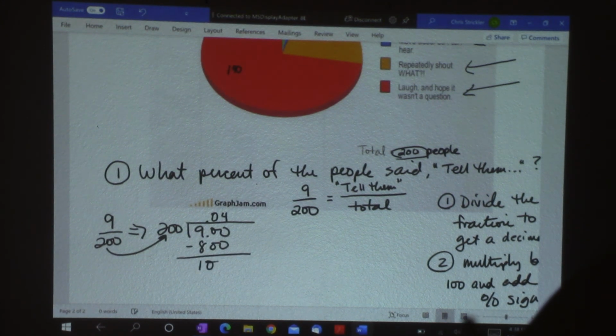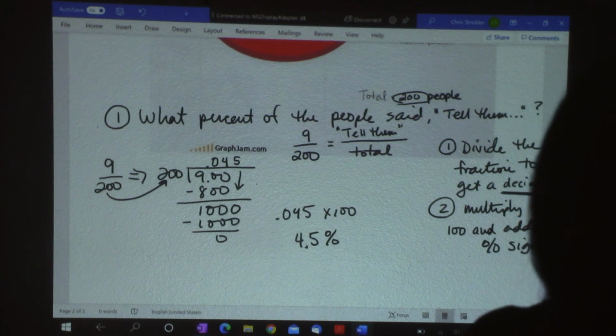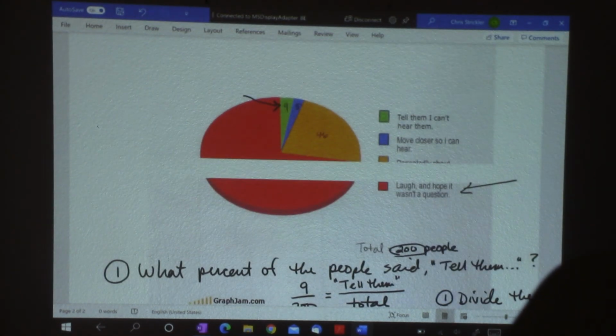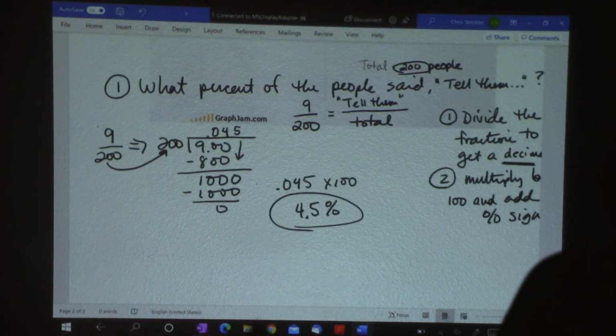Okay, so I'm going to subtract, bring down a 0, and I get 0.045. Okay, 0.045, that's my decimal from the first step. Now I'm going to multiply that by 100 and I get 4.5, and then that's the percent. So what percent of the people said tell them I can't hear them was what their answer was.